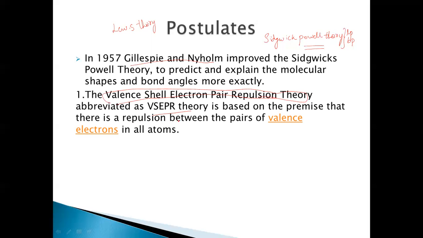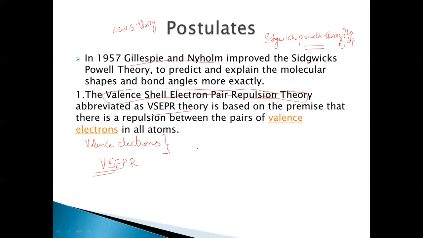This name itself suggests what is there in this theory. It is all about the valence electrons which are present in an atom. So this theory is based on the valence electrons present in an atom. This is VSEPR in short form, so this is valence shells.